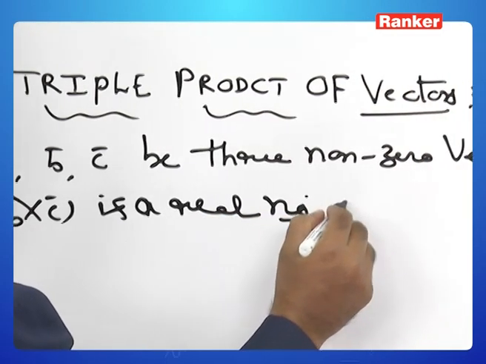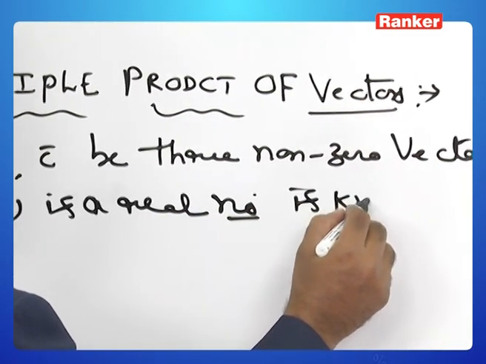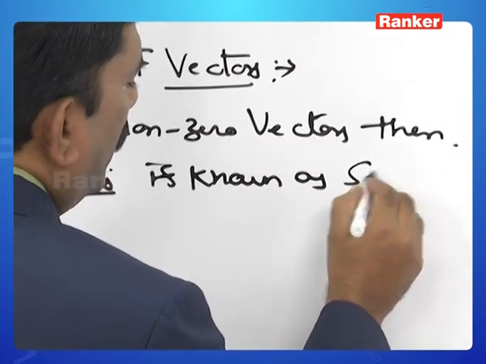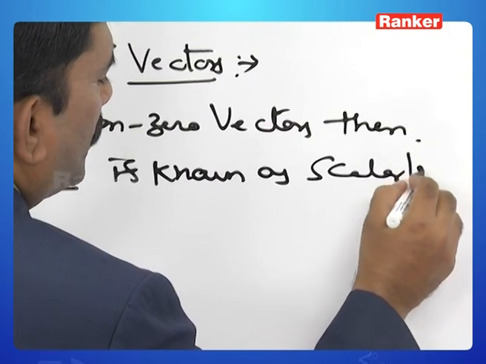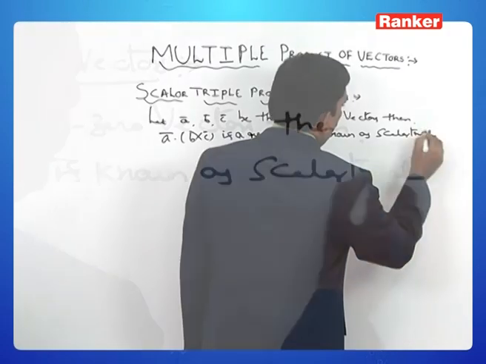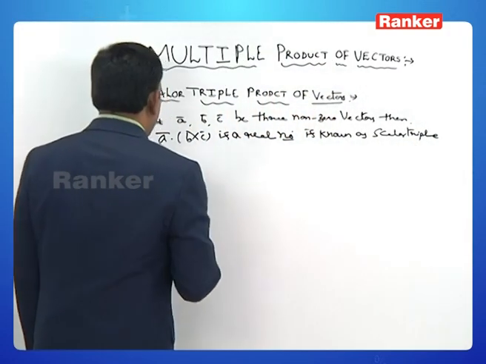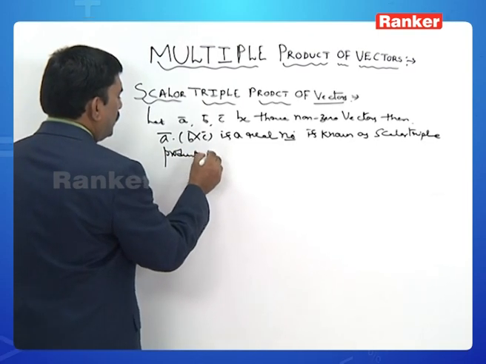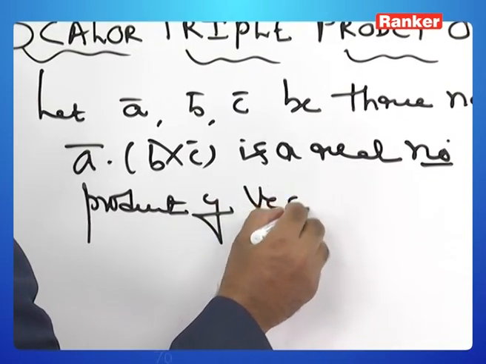This real number is known as the scalar triple product of vectors.